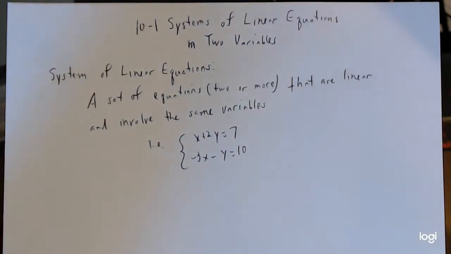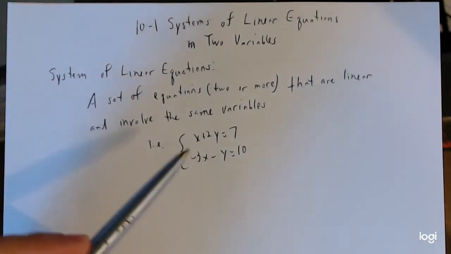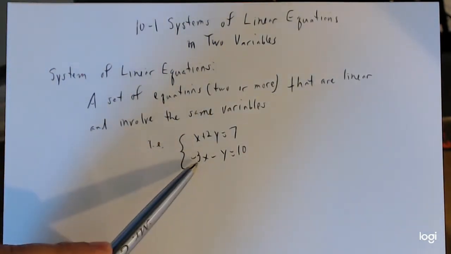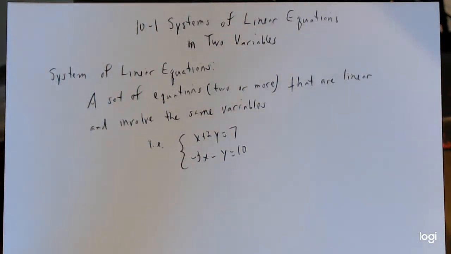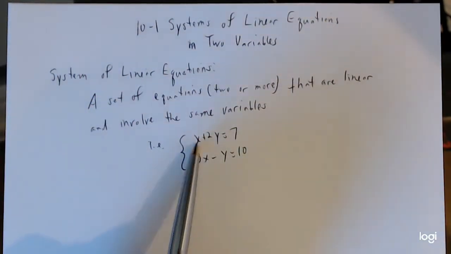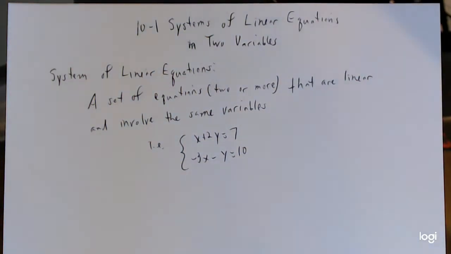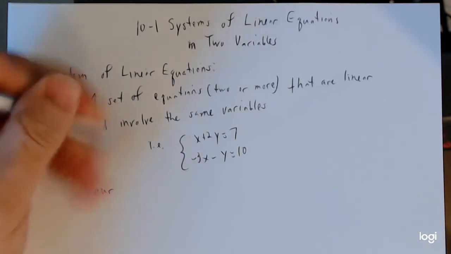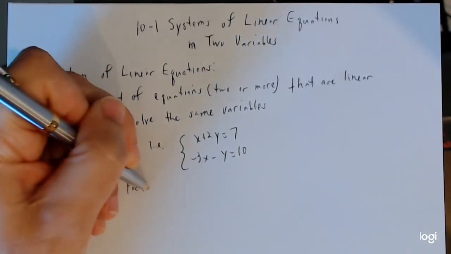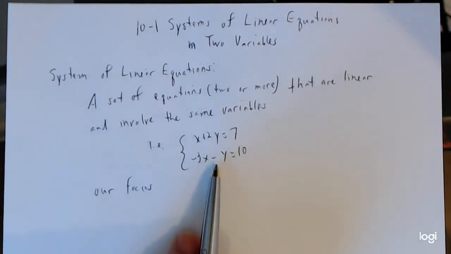I'm not saying that we need to always have the same number of equations as variables. That doesn't always have to be the case, but we know that if I want a single solution, then yes, in that case, if there are two variables, there have to be two equations, and so on. So our focus in this section will mainly be the two variables, two equations case.